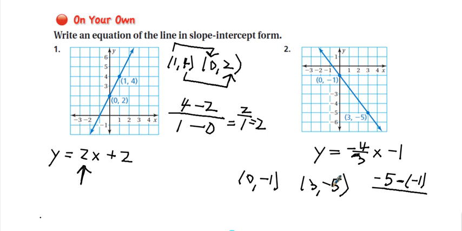Now I started with this point, so I have to start with 3 now, 3 minus 0. If you do that, -5 minus -1 is -4, and 3 minus 0 is 3. So your slope is -4/3, which should be the same as the slope you get from the graph.